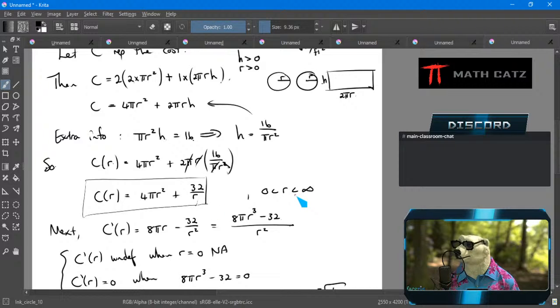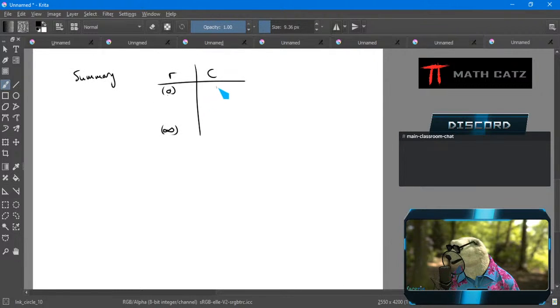If we do get close to a big radius, the first term is going to blow up the cost. So either way, we're not cost effective in those extreme cases. It's going to get bigger and bigger. So this is just a reminder that the endpoints aren't where I want to be.